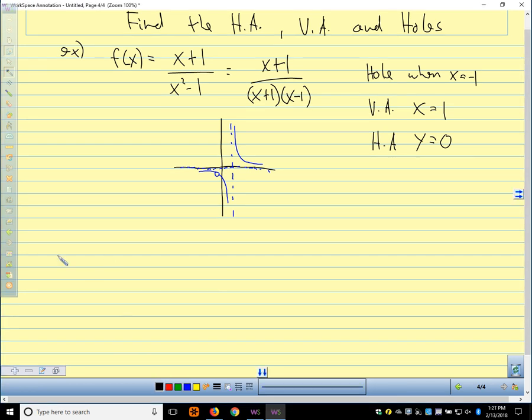All right, next one. All right, do we have any holes here? No. Is there a value of x that makes the numerator and denominator 0 at the same time? No. All right, how about a vertical asymptote?